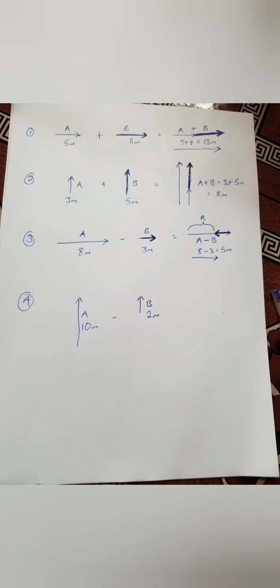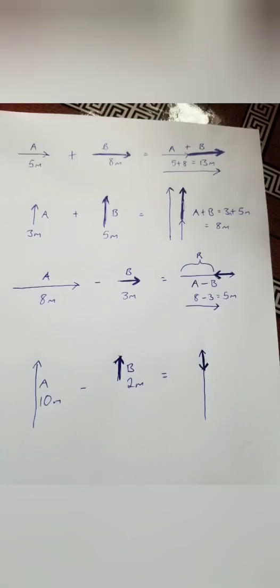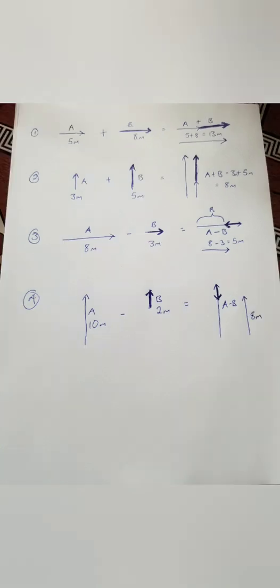But because there's a minus sign before vector B, you change its direction and put its tail on the head of vector A, and that's going to give you a magnitude of A minus B. If you start from the tail of vector A and end at the head of vector B, you're going to have 10 minus 2 meters, which is going to give you 8 meters, and that's going to be the magnitude of your resulting vector.